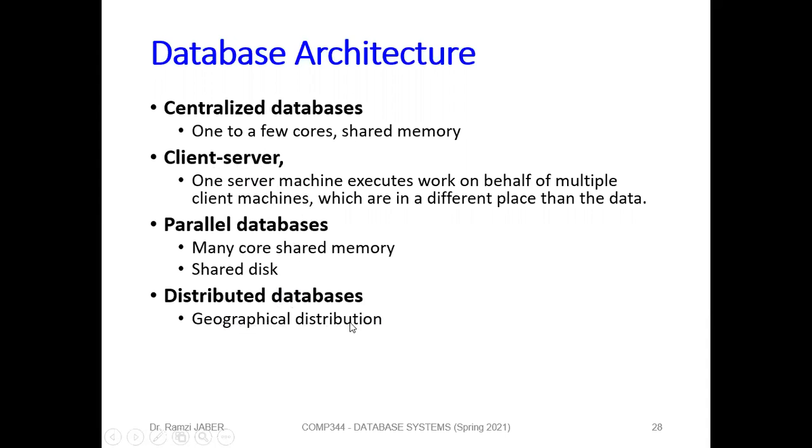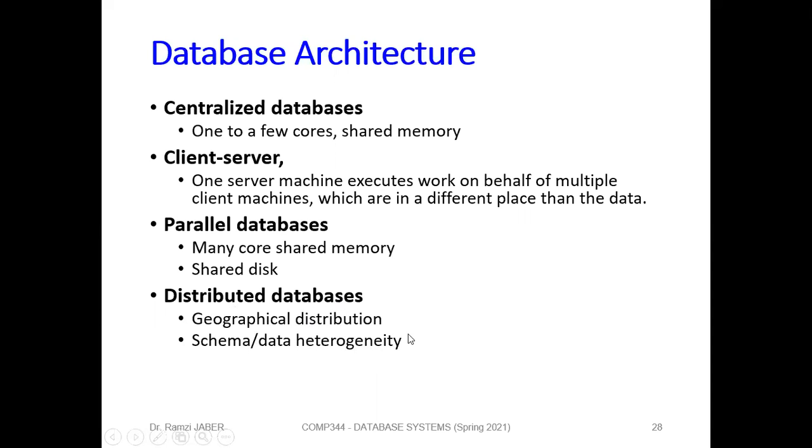Here, the geographical distribution is in different buildings or different cities. It is client-server, but called a distributed database because we have a client outside the country or the city, using a WAN network. We will see it in the network course.